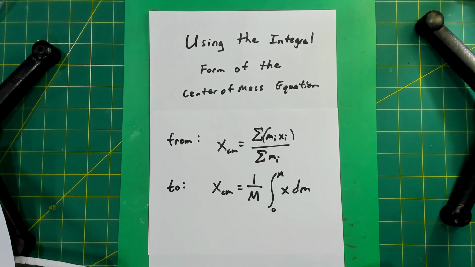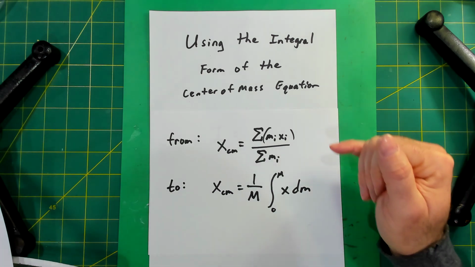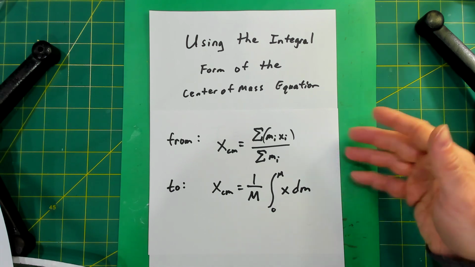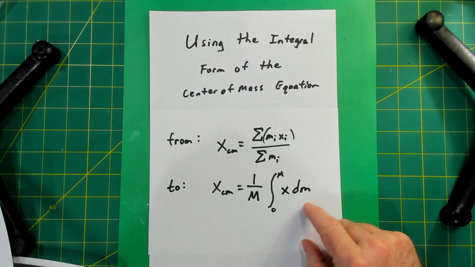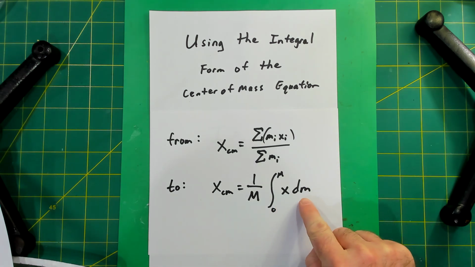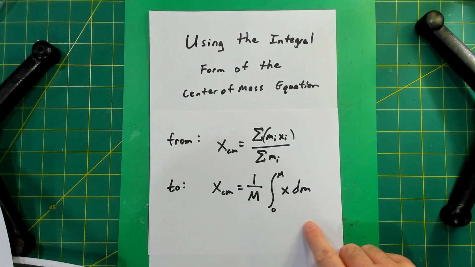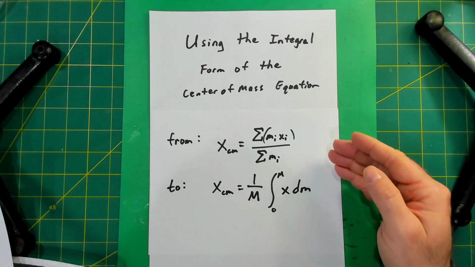So that's the plan. So in a way, this is a very mathematical sort of video I'm making here. I'm talking you through basically this process of changing the variable of integration and how we apply that to finding the center of mass.